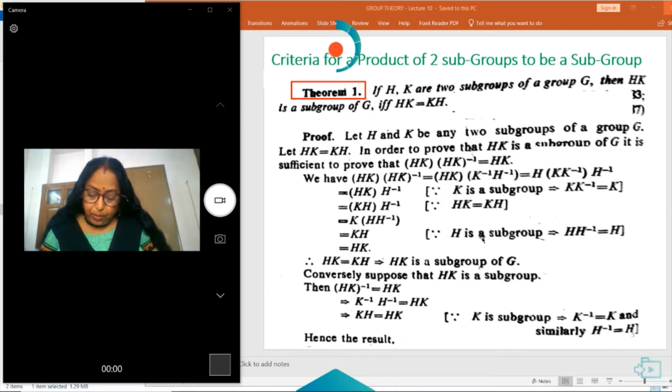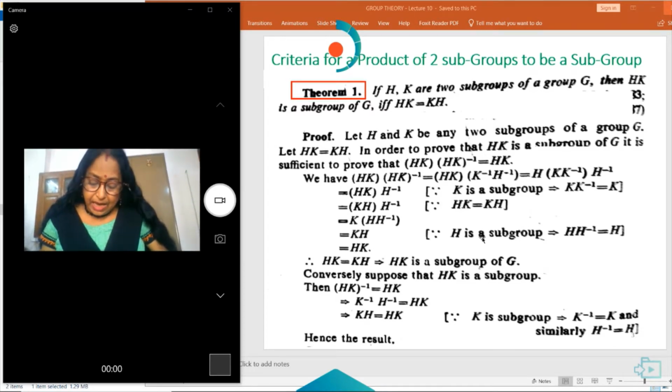In order to prove HK is a subgroup of G, it is sufficient to prove that HK into (HK) inverse is equal to HK. Now, (HK) inverse can be written as K inverse H inverse, and by applying the associative property we can write it as H into KK inverse into H inverse.